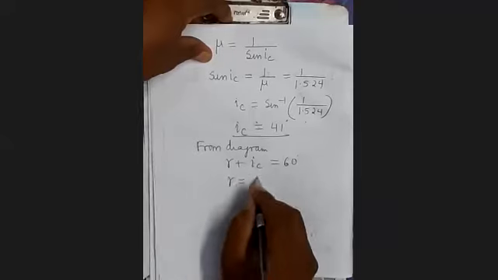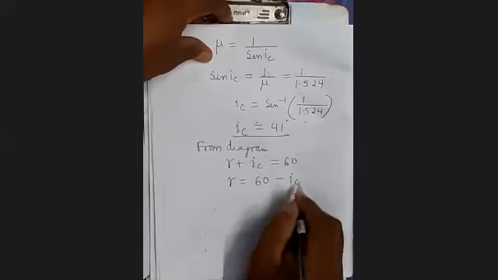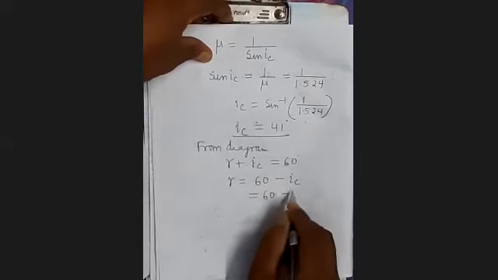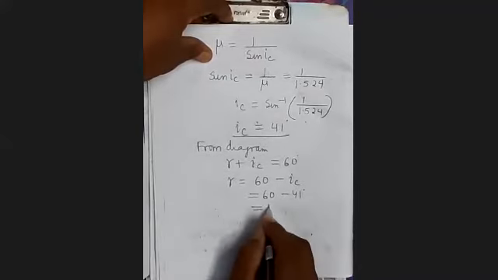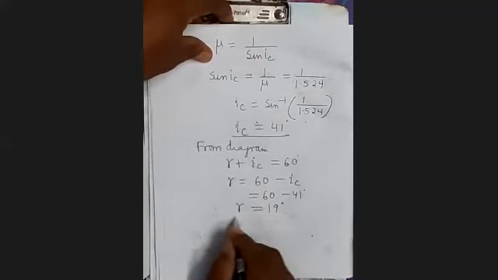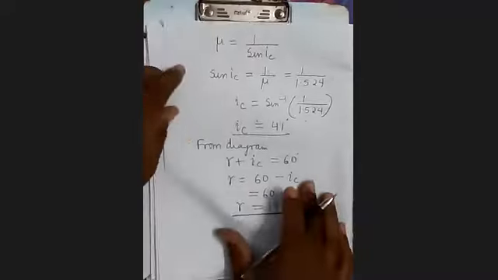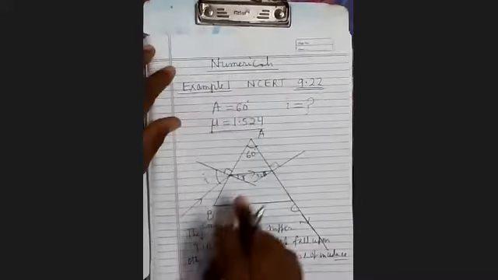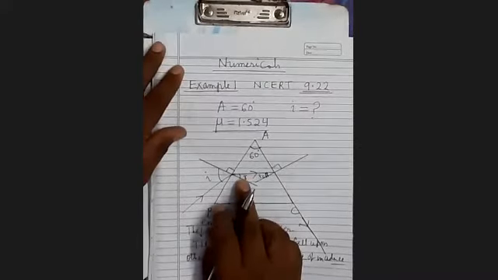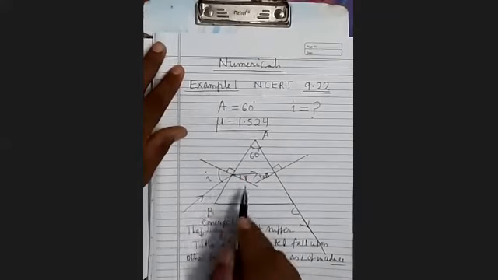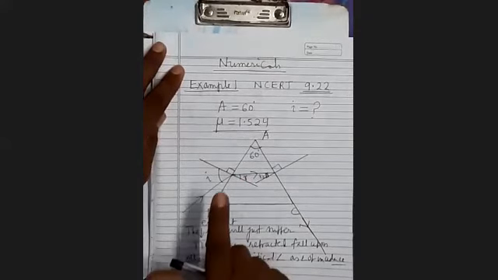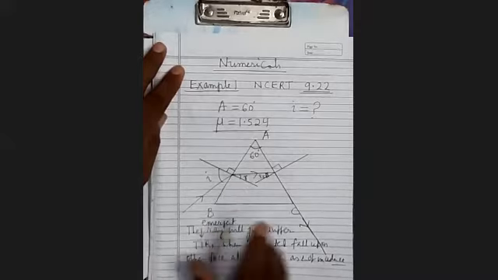So R equals 60 minus IC, that is 60 minus 41, that is 19 degree. R equals 19 degree. This angle is 19 degree, and this is 19. So once again you apply the formula of mu. Mu equals sin I upon sin R.